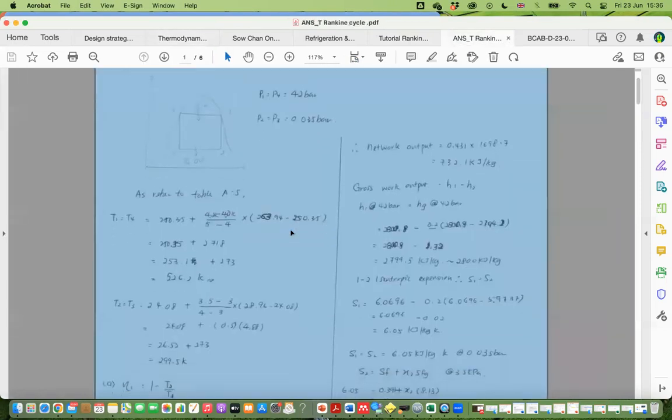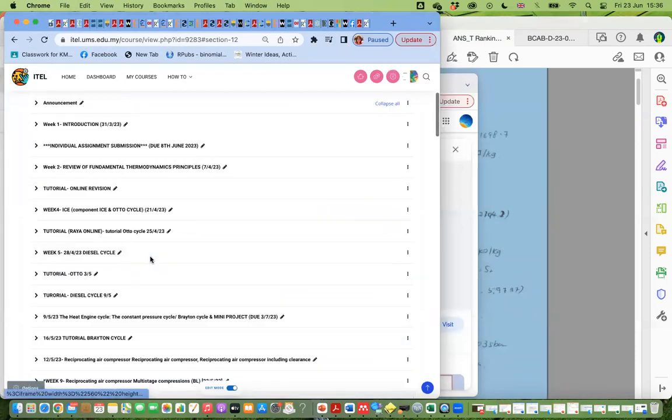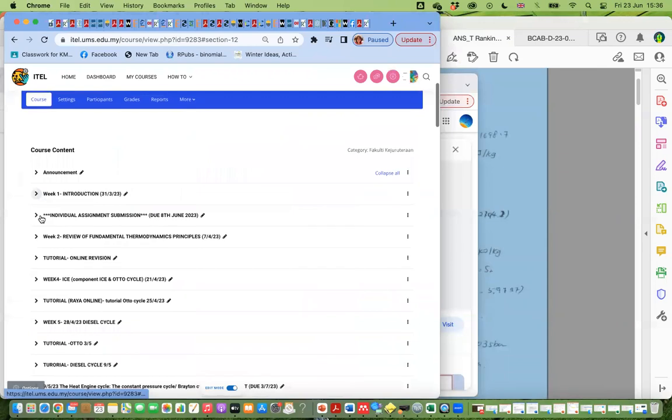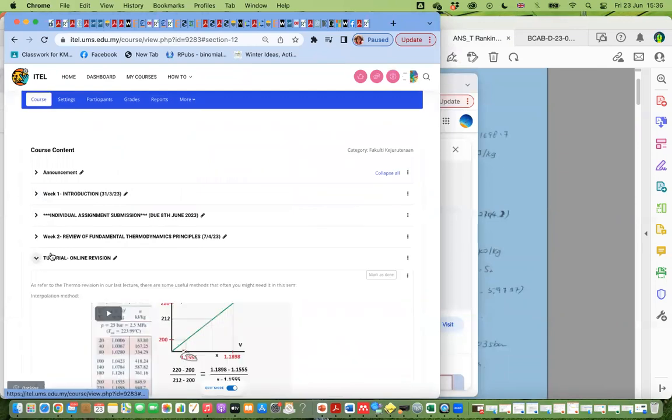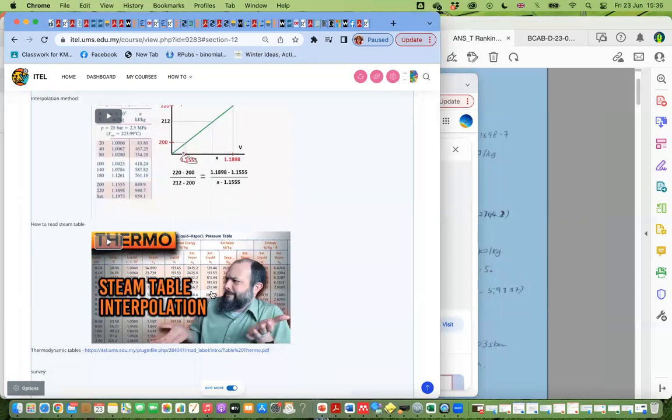Then from there, you do the interpolation. If you're not familiar with the interpolation, you can refer back to our tutorial online version, this part, to further practice how to do the interpolation, and also check out how to read the steam table.